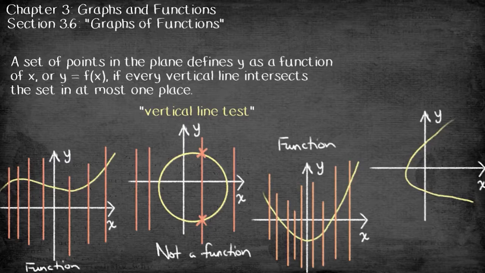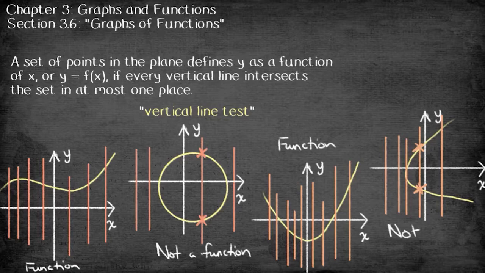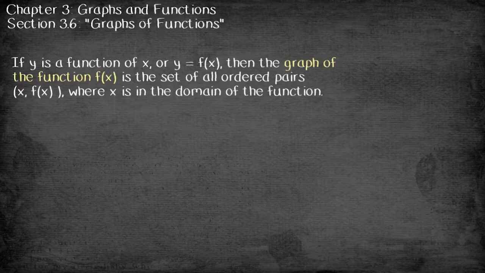All right, and then this last picture, if I start drawing my vertical lines, notice I can find vertical lines that intersect the yellow set in more than one place. So, not a function. All right, so that's the vertical line test.